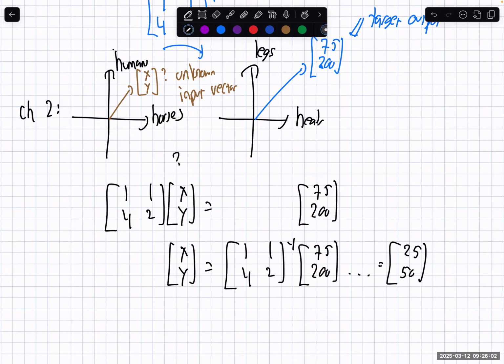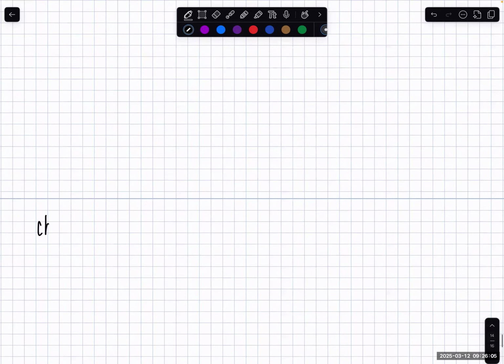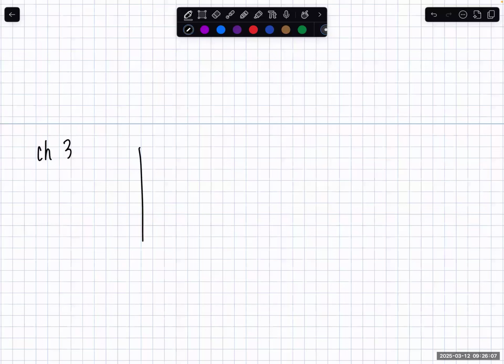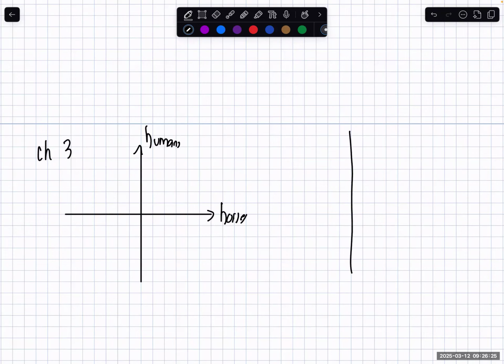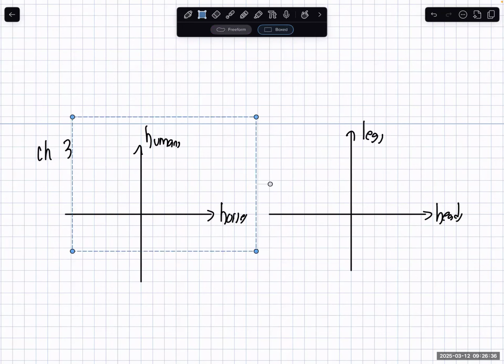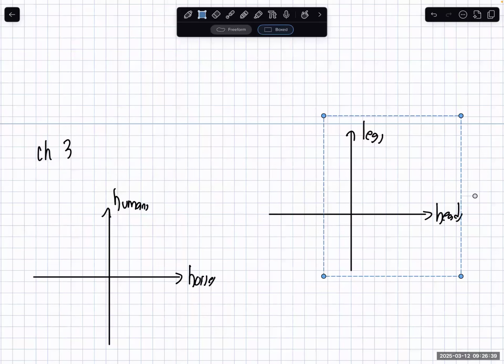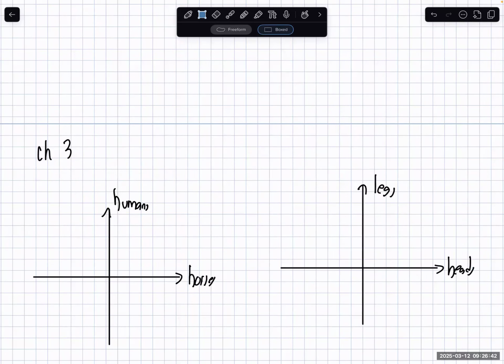Okay, so now let's talk about our new way of doing this, our chapter 3. So I'm going to keep the same picture. We're transforming from the horse and human input space to the head and leg output space.